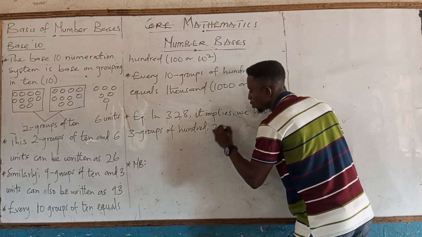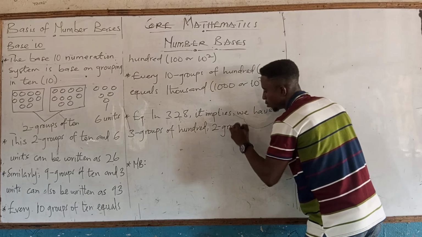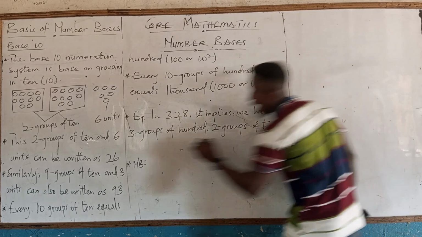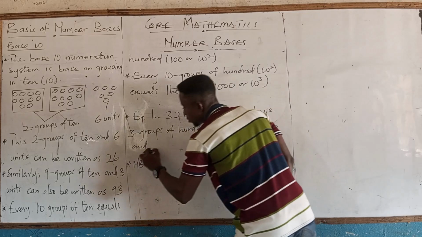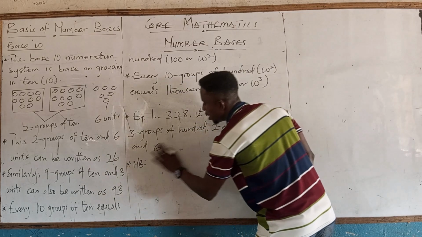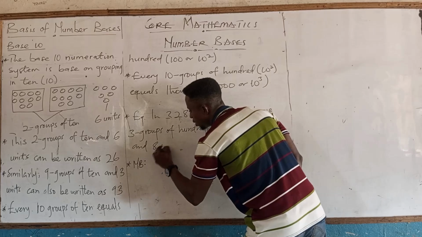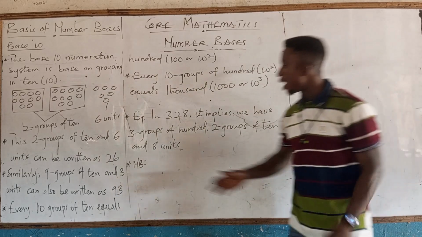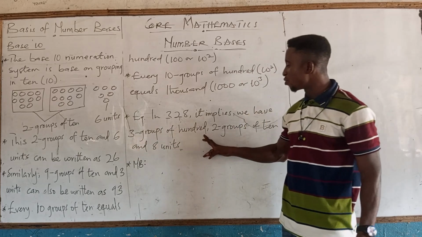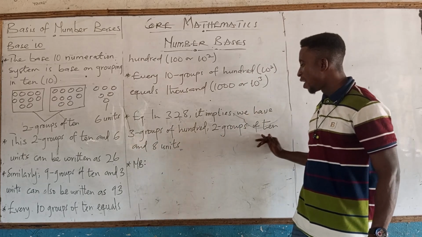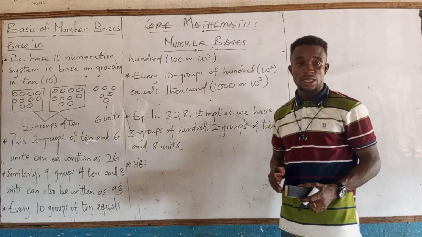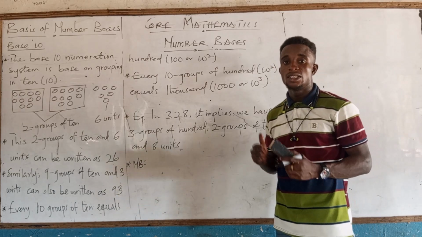Then 2 groups of 10 and 8 what? Units. So it implies we have 3 groups of 100, 2 groups of 10, and 8 units. Please, are we here? And 8 units.